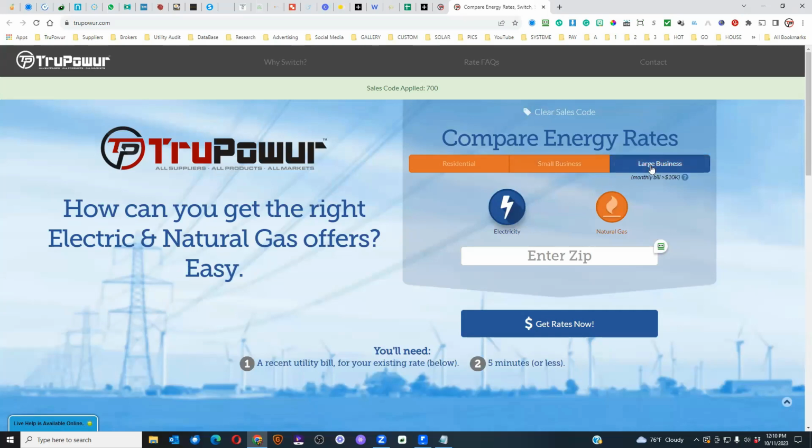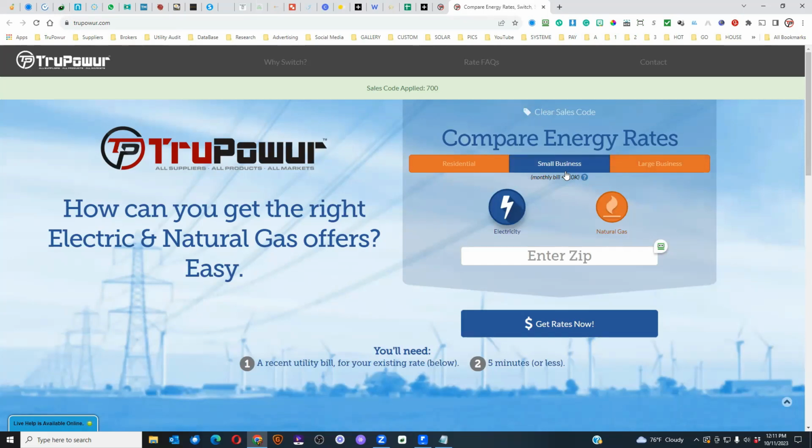If they select large business, which is over, it's going to actually require them to fill out a lot more details, which will end up going to you and be able to facilitate working with that customer, most likely with the reverse auction or custom pricing in order to afford them the best deal. Otherwise, if they just look at small business, they're going to get the pricing right on the page.